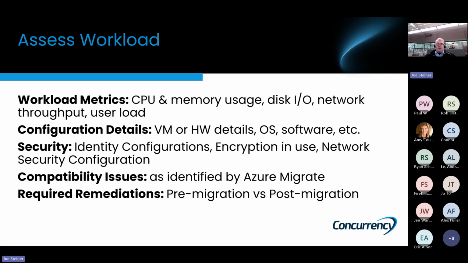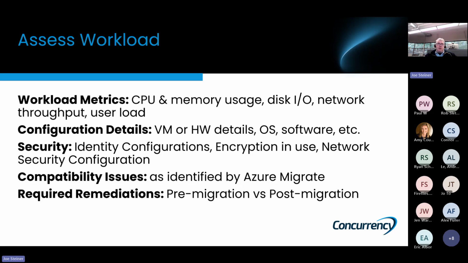You need to understand the configuration details. Is this hosted on-premise, in hardware? Is this in a VM? What VM structure is used there? OS, other software involved, and so on. If there's coding in there, it's good to know what coding language and framework is being used, as we'll talk about in a little bit.